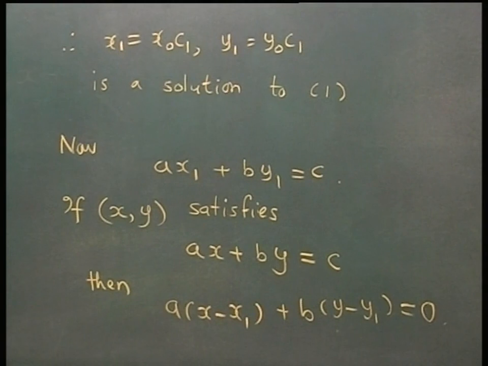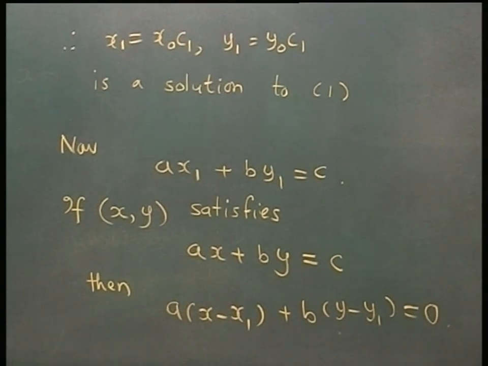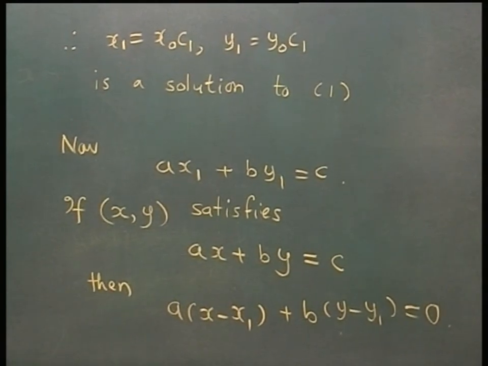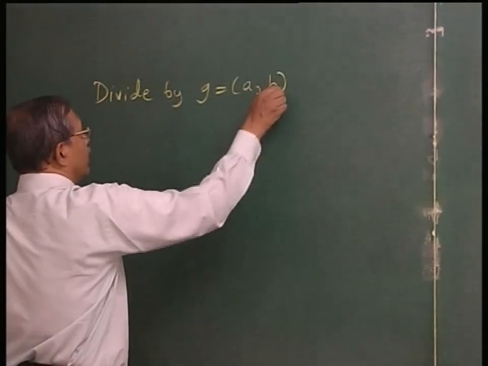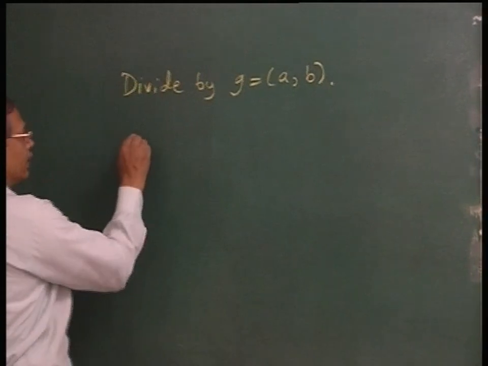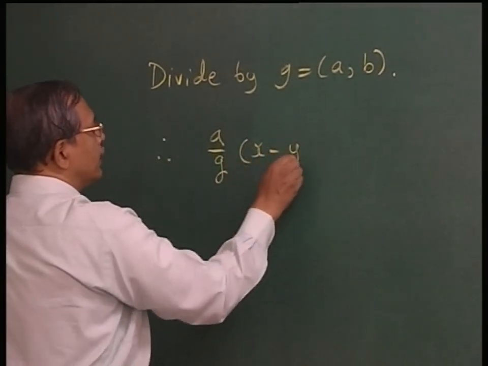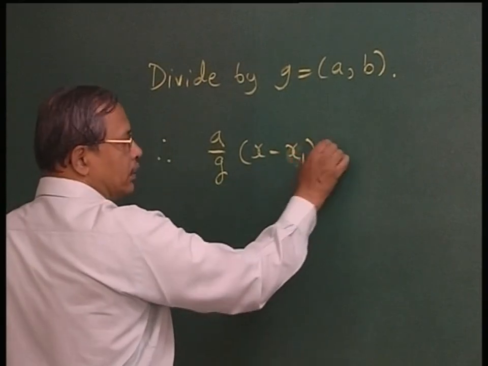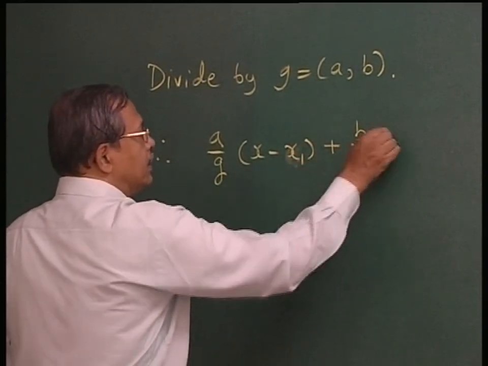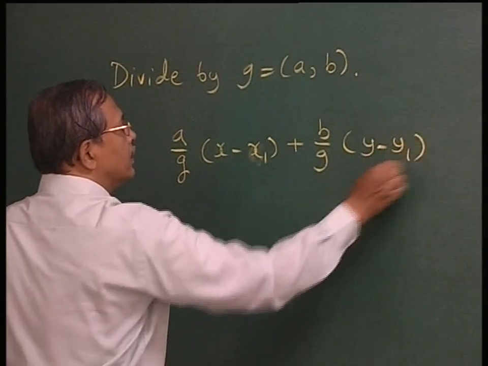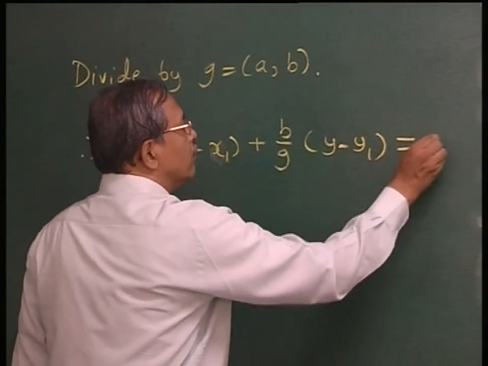Now divide by the GCD of A and B. Therefore, A by G into (x minus x1) plus B by G into (y minus y1) is equal to 0.